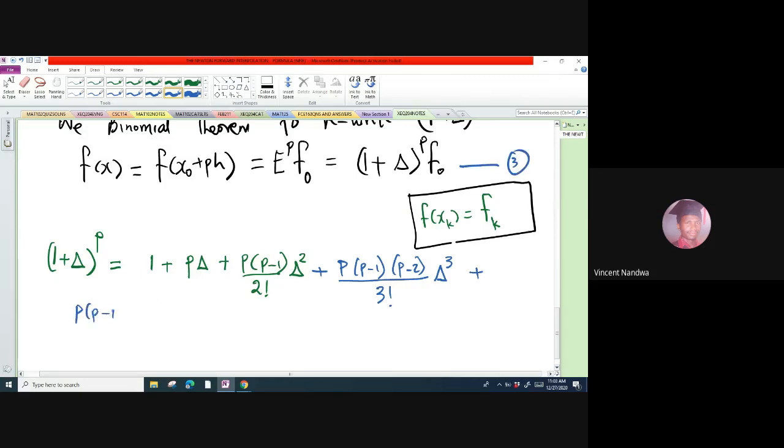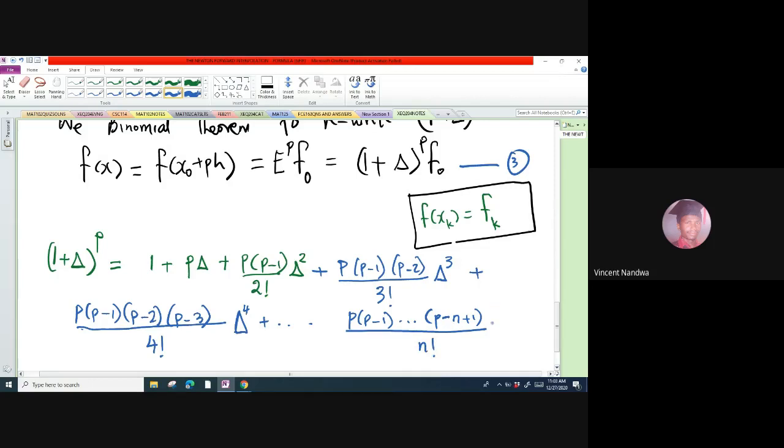p into p minus 1, p minus 2, p minus 3 over 4 factorial fourth forward, plus several terms up to p into p minus 1, p minus n plus 1 over n factorial n forward, plus several terms.